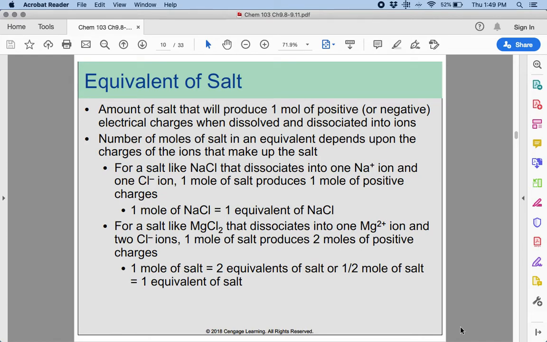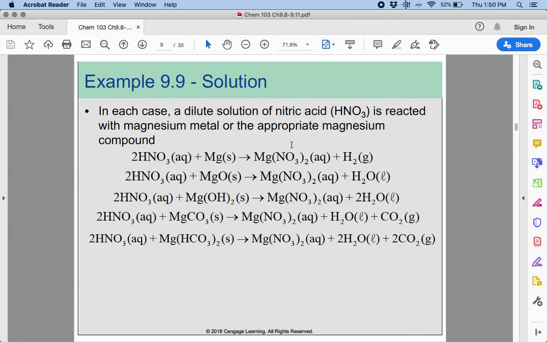The amount of salt will produce 1 mole of positive or negative electrical charges when dissolved or dissociated into its ions. So again, think about what we're looking at here. When we know this is the secret language, this is an ionic compound, and it says aqueous. I know that you know that this is Mg plus 2 and 2 NO3 minuses.